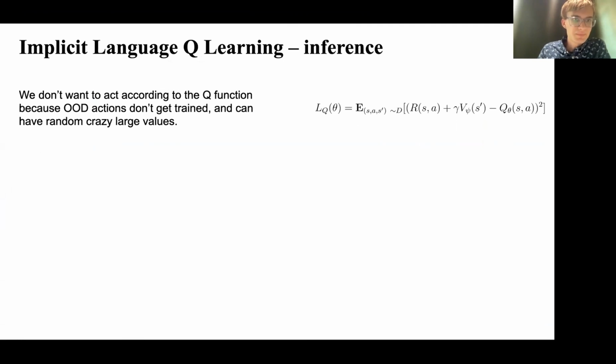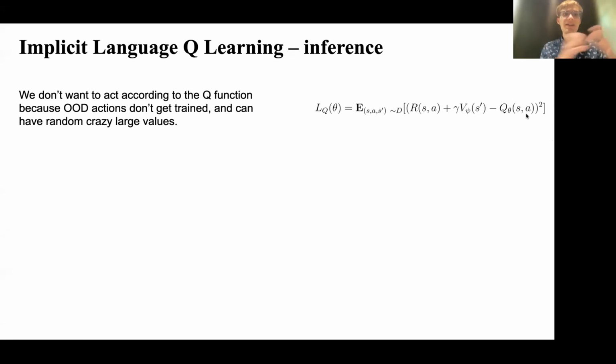So the reason is this. When we train our implicit Q learning Q function, actions that are out of distribution in the data set aren't going to get trained. If we look here, we're sampling state action pairs from our data set, and then updating the Q function at those state action pairs.